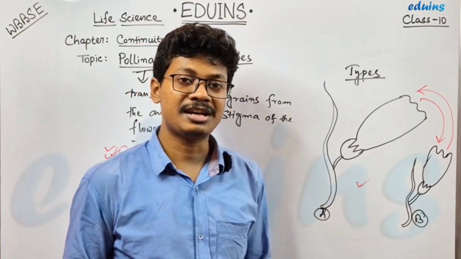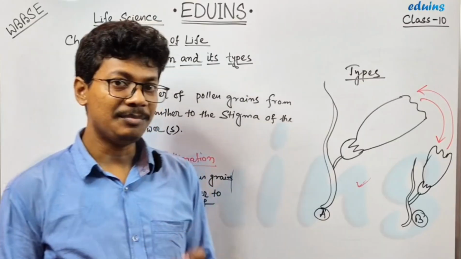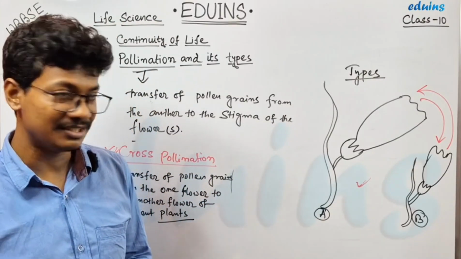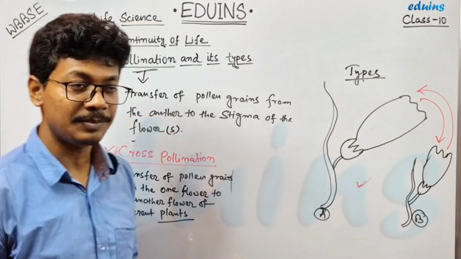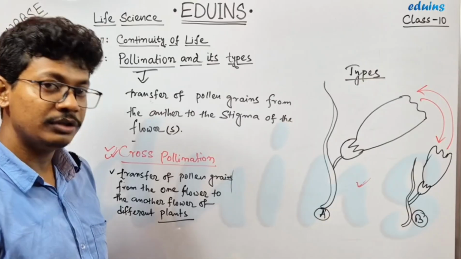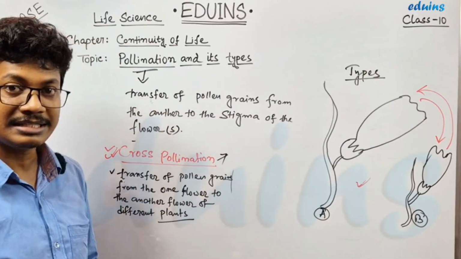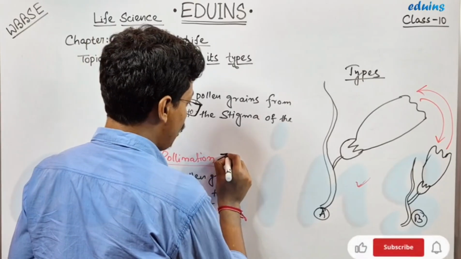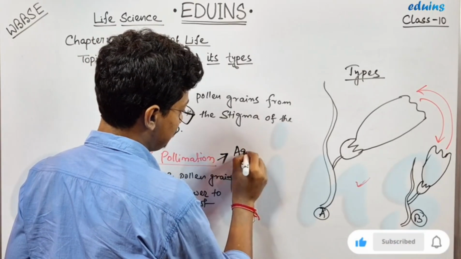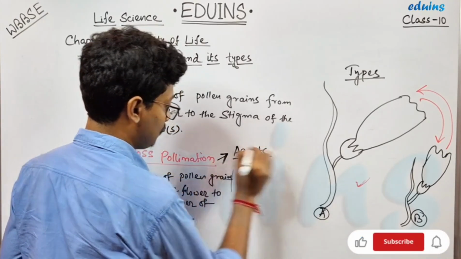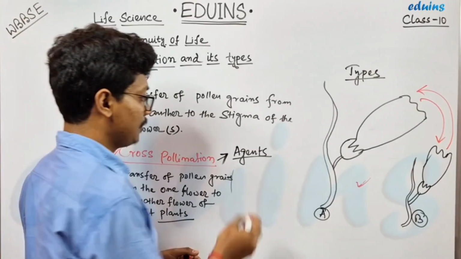For this transfer, of course, something or someone needs to transfer these pollen grains. The transfer of pollen grains in cross-pollination occurs by agents. Which agents?